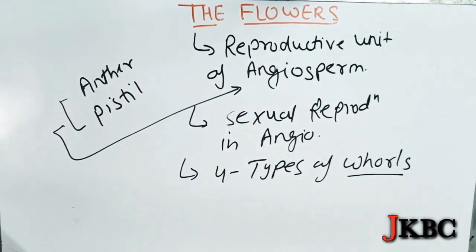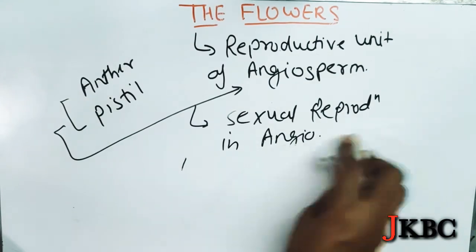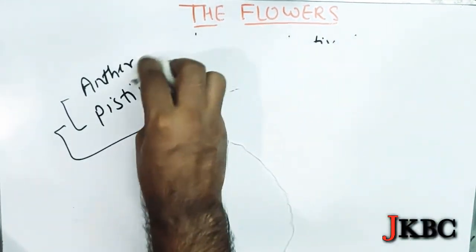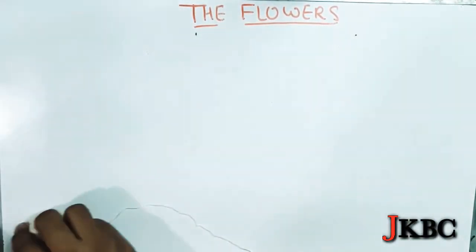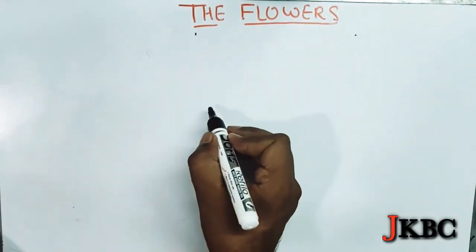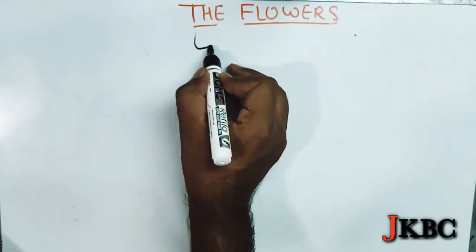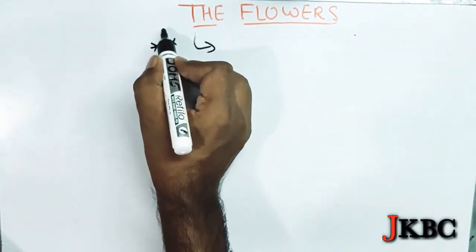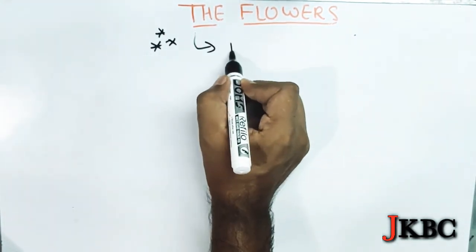Basically, you know that the flower is a modified shoot. That shoot is basically a stem. The important mark is here: the flower is a modified shoot.